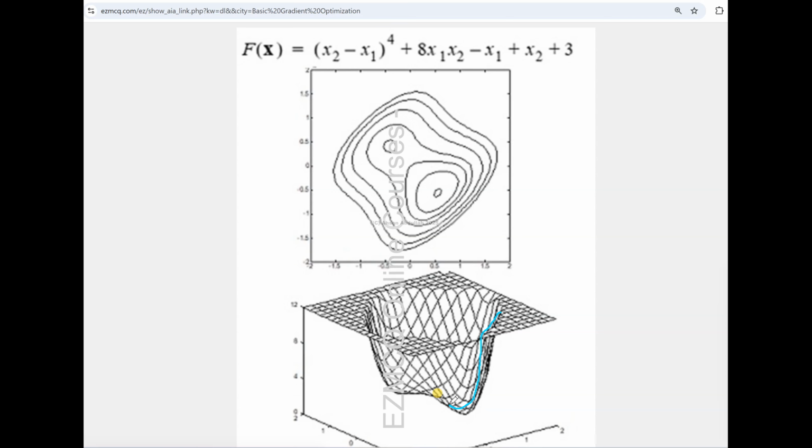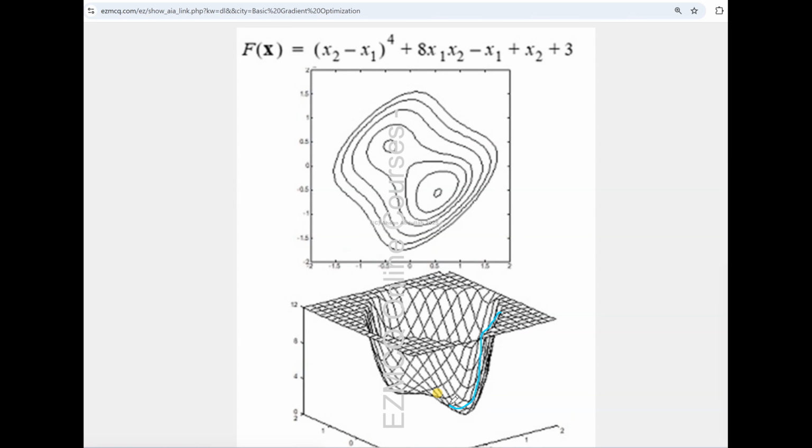This optimization trajectory zigzags, and we can see it's not linear, and it will be slow on plateaus because of the zero gradient, and it may overshoot also.